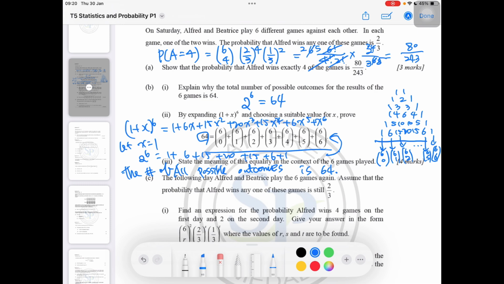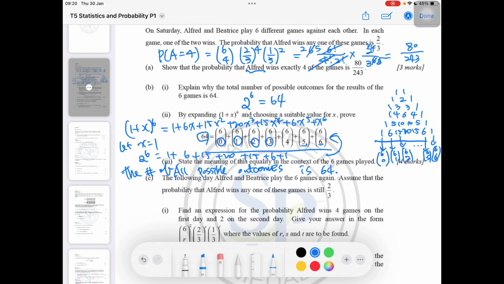Here, the possible outcomes means, for example, Alfredo can win 0, 1, 2, 3, 4, 5, 6 games out of 6 games. So if he never wins, or wins only once, twice, 3 times, 4, 5, 6 times. So this is all possible outcomes.